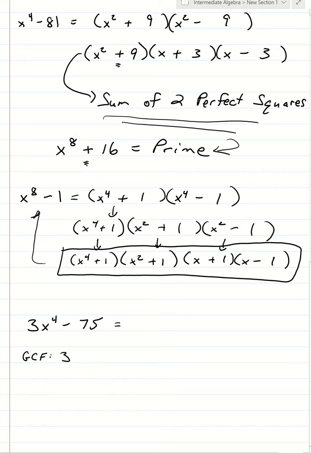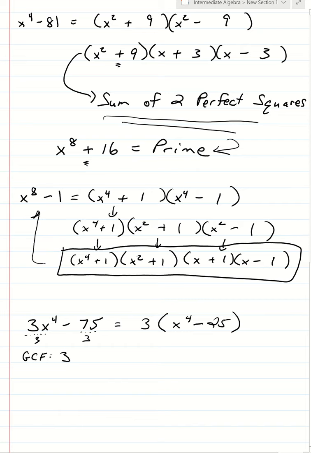Remember, what do we do with greatest common factors? We take them, place it outside the parenthesis, and then you would have to divide each of these terms by the 3. Now we have 3x to the fourth divided by 3 is simply x to the fourth, minus 75 divided by 3 is 25.